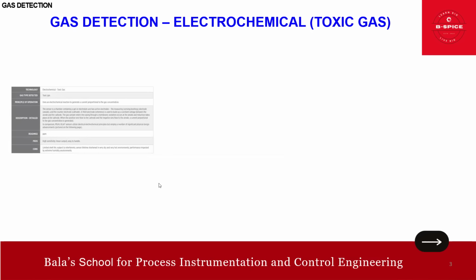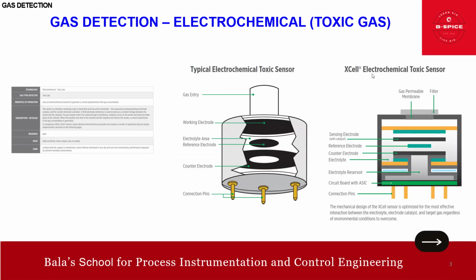Now let's see the Excel, the electrochemical toxic sensor. There is similarity in terms of the electrode, the reference electrode, counter electrode and electrolyte, but the shape and look and feel is different.